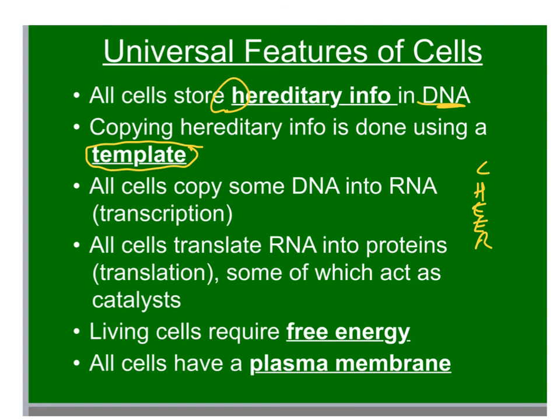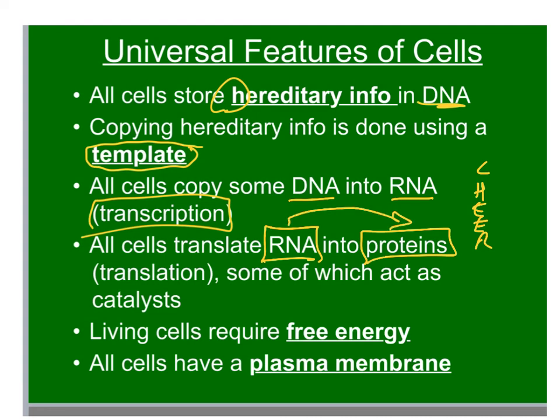It's interesting, all cells have DNA and copy it into RNA in the process called transcription. And all cells, both prokaryotic and eukaryotic, translate RNA into proteins in a process called translation. So that happens in all cells. DNA into RNA happens in all cells. The utilization of energy.